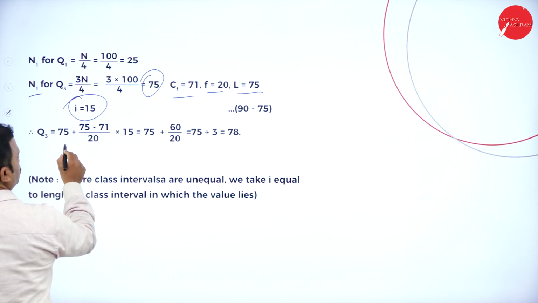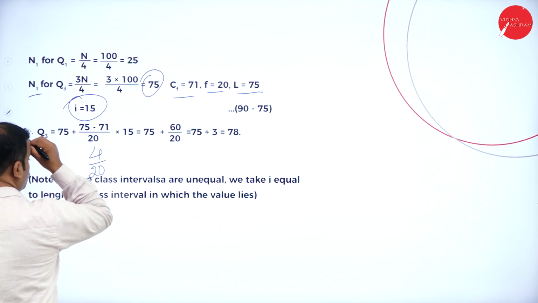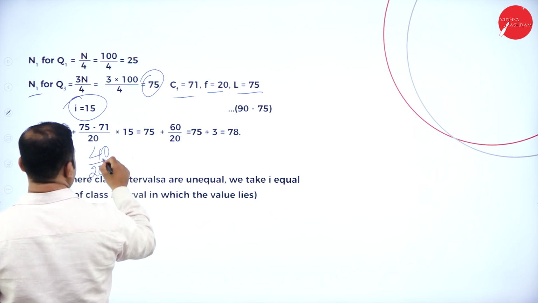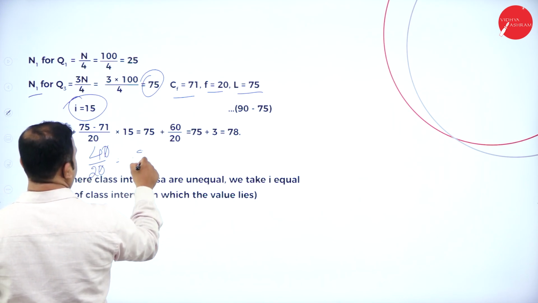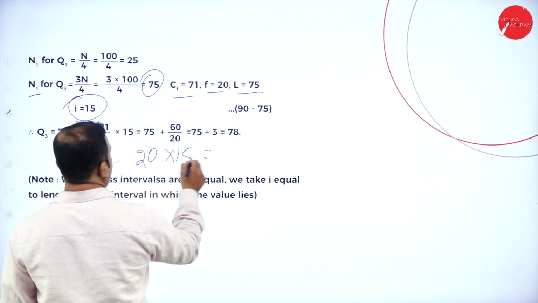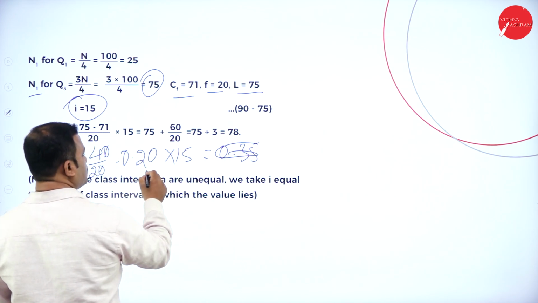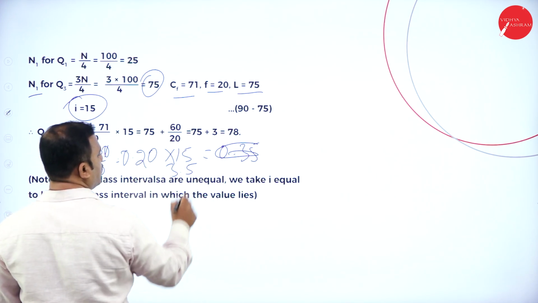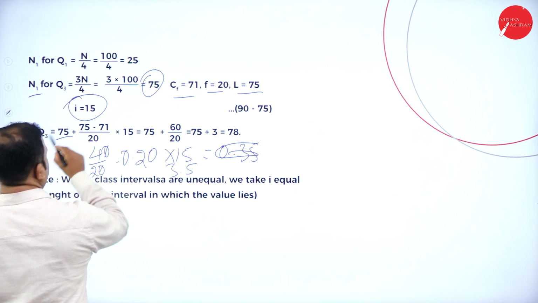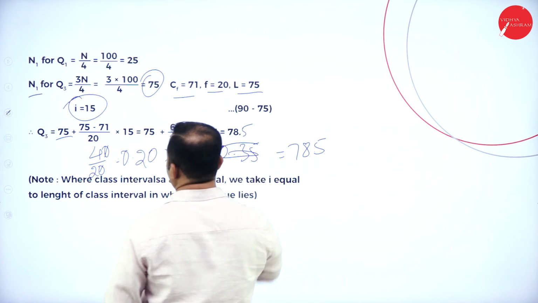So Q3 is equal to 75 plus (75 minus 71) by 20 into 15. That is 0.20 into 15, which is equal to 3.5. That is 3.5 plus 75, that is 78.5. It is not 78, it is 78.5.